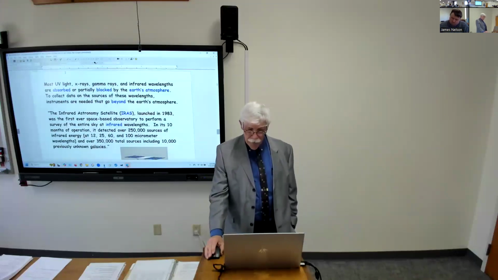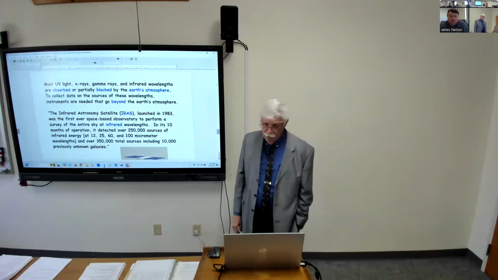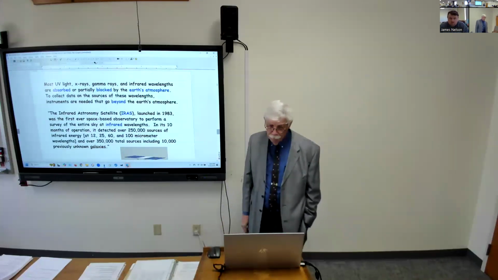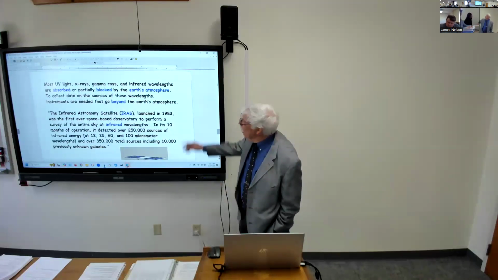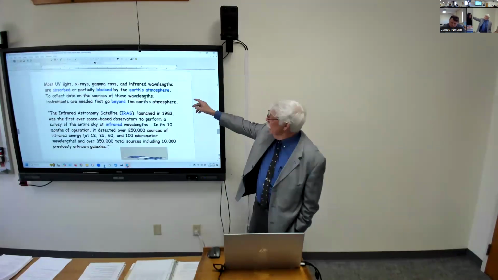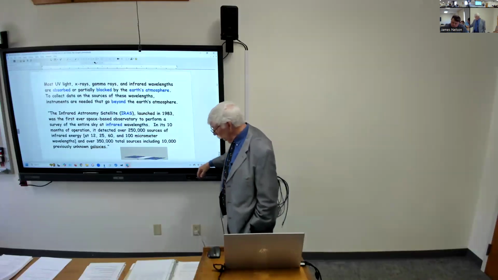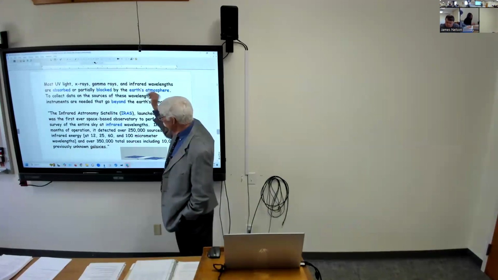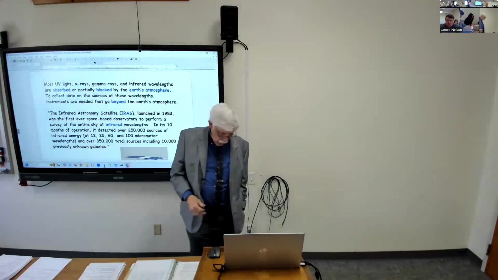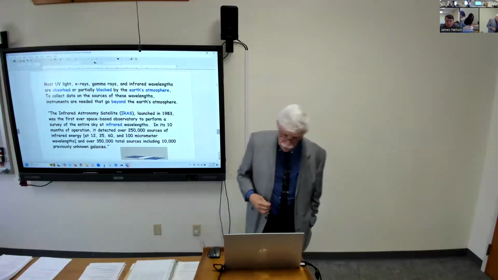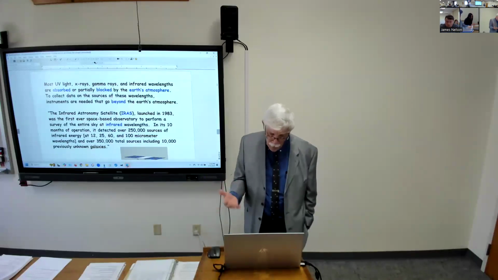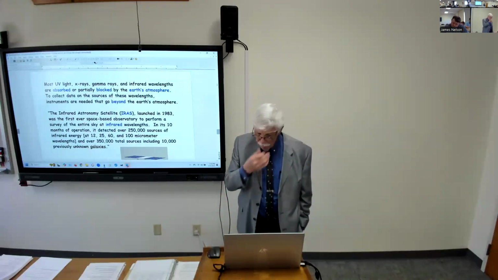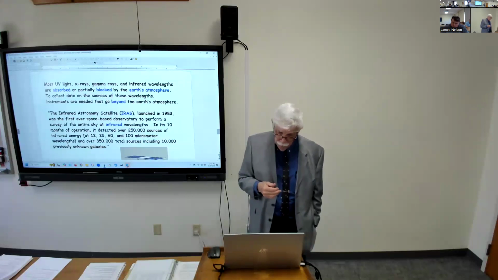So most ultraviolet light, X-rays, gamma rays, and infrared wavelengths are absorbed or partially blocked by the Earth's atmosphere. A lot of these wavelengths, especially X-rays and gamma rays, can do damage to human bodies, and they are absorbed or partially blocked by the Earth's atmosphere.